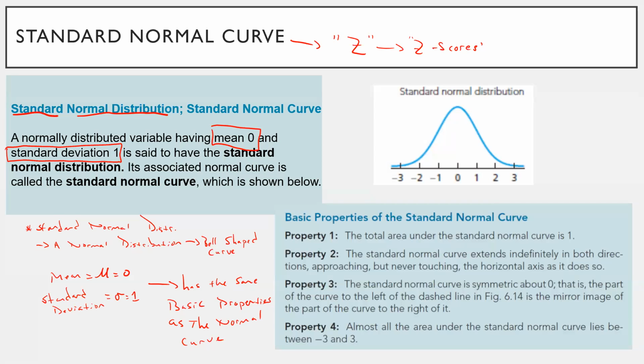All right, so this is what the standard normal distribution looks like. It's centered at 0. And then when I add standard deviations, I get 1, 2, 3. When I subtract standard deviations, I get -1, -2, -3. Okay? So first off, does it make sense that any normal curve that has a mean of 0 and standard deviation of 1, we're just going to call the standard normal distribution? How about that? Is that okay for now?